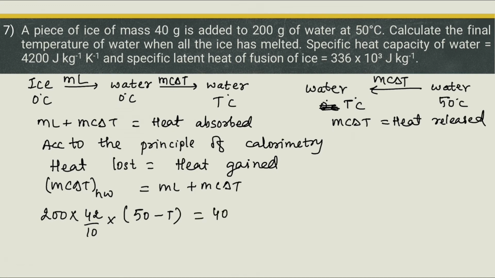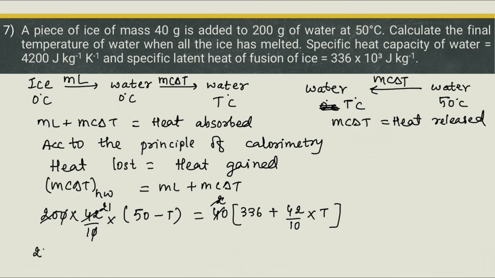So 40 gram is the mass of ice, L is 336. I am taking 336 in joule per gram, because mass is given in gram. Specific heat capacity is 4.2 into delta T, which is T. 10 10 cancel, 20 twos are 40 and 21 twos are 42.